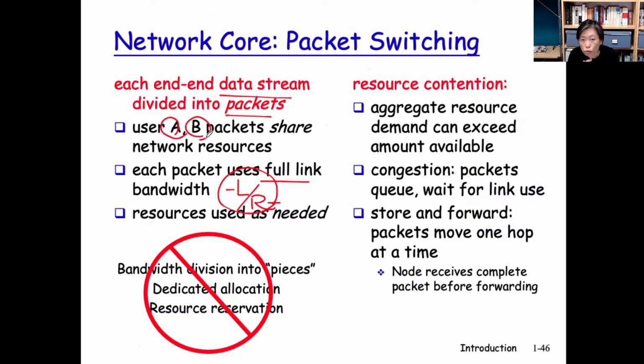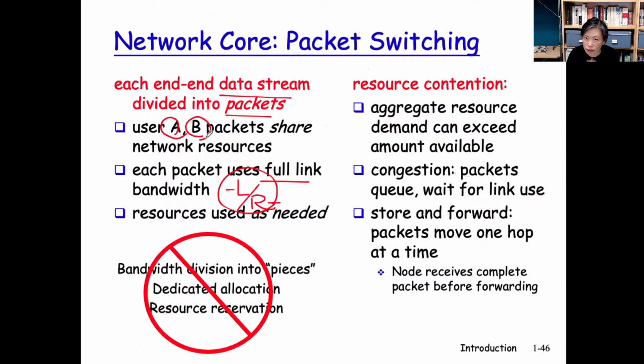So there's no such situation as in circuit switching where B sits idle, occupying all the resource, and yet A, having lots of data it wants to send, doesn't get anything. So there's no idle waste there.